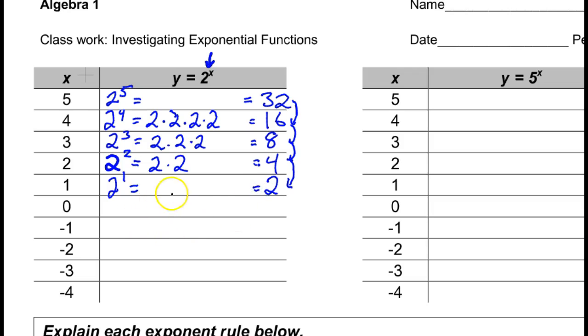So no assumptions. And if we keep going, what's the next number? 2 divided by 2 is 1. So therefore, 2 to the 0 power equals 1. Now this may not be intuitive to you.